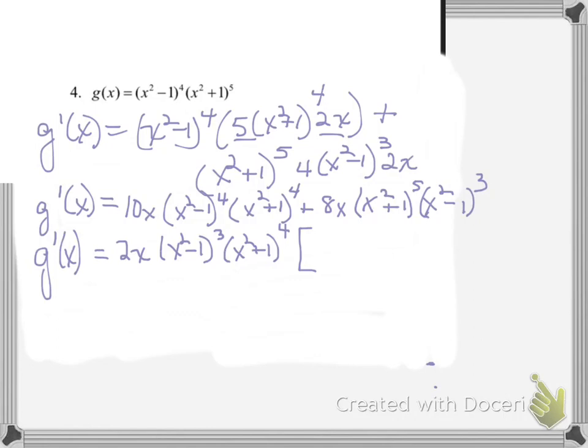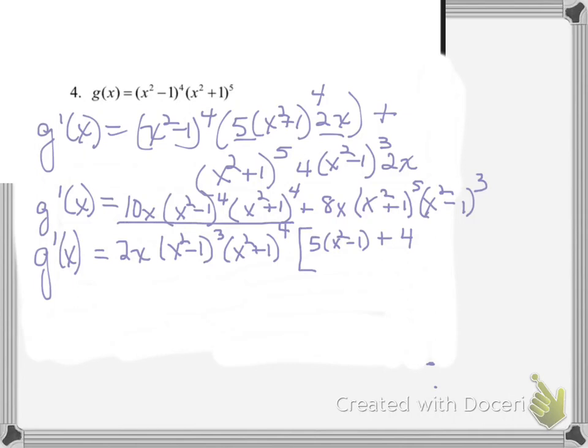Looking at the first big term that I've just underlined, I am missing a 5 to make that a 10x, and I am missing an x squared minus 1. Bring down the plus operation, and then look at what I have. I need a 4 to get the 8x back.